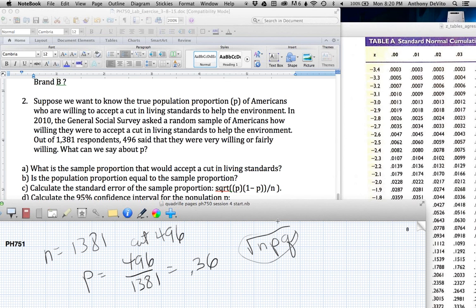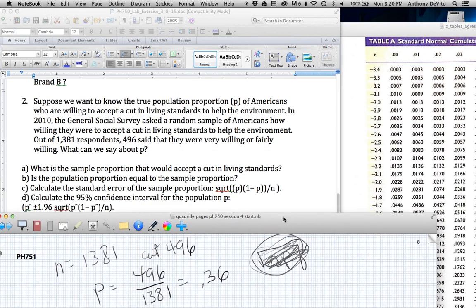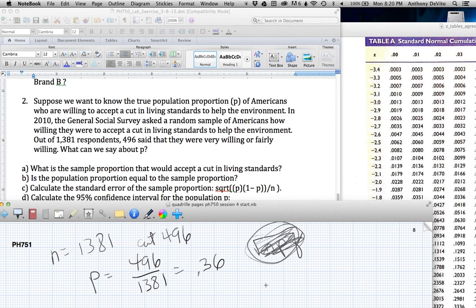Well, this time we're going to do something a little bit different. That's a normal approximation to the binomial distribution. This time our standard deviation, or standard error, is going to be equal to the square root of p times 1 minus p over n.